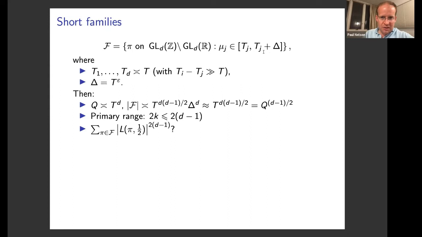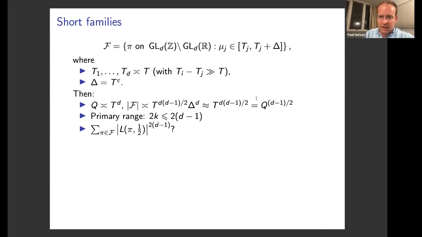Under this condition, the analytic conductor will of course be T^D, just roughly the product of these sizes. The family size will be, pretending δ is roughly 1, roughly T^(D choose 2), which is the (D−1)/2 power of Q, the analytic conductor. Without this condition of well-separatedness, there's a natural way to enlarge the family by increasing the spacings a bit, or describing things in terms of symmetric functions evaluated at the μ_j's, such that the family size remains exactly as I've indicated here.